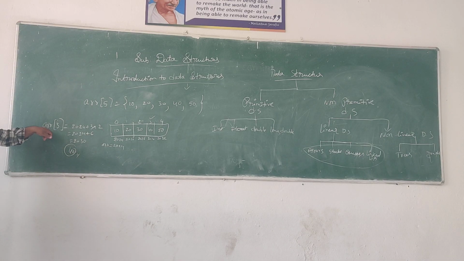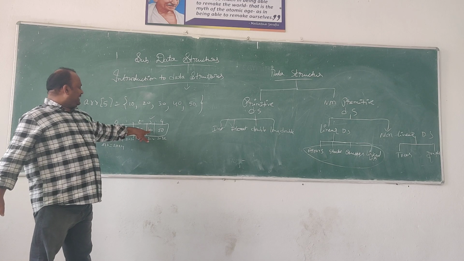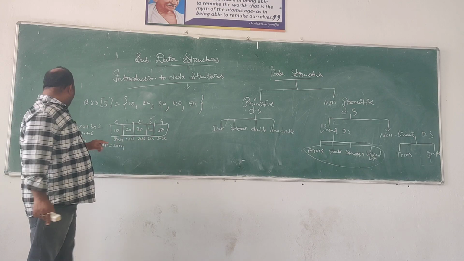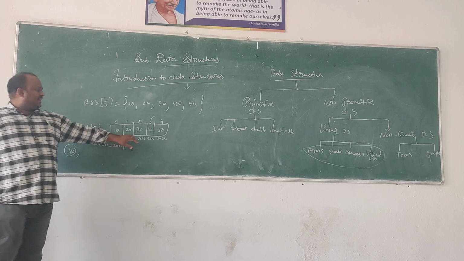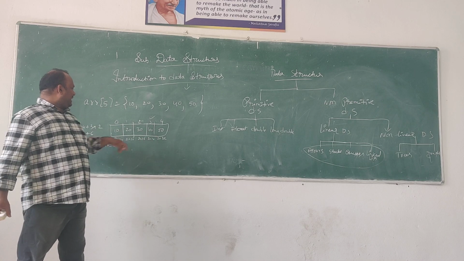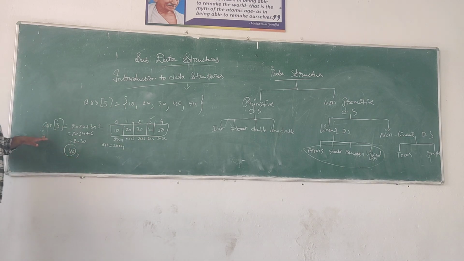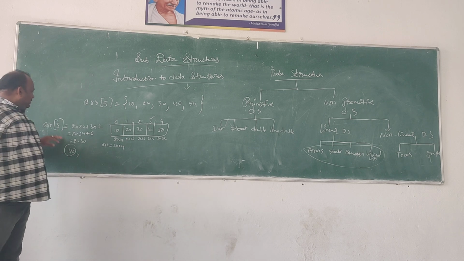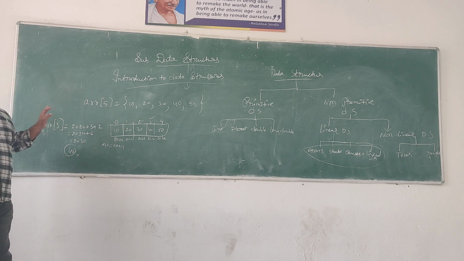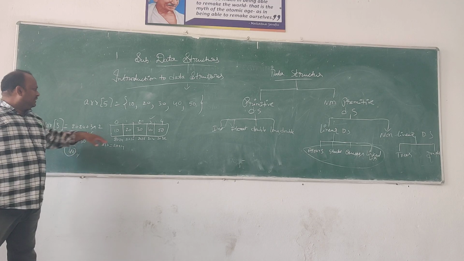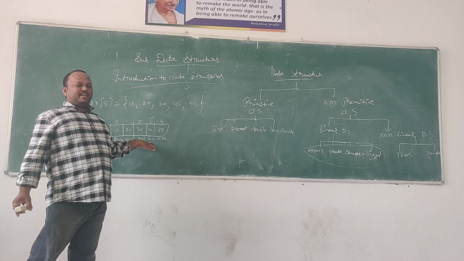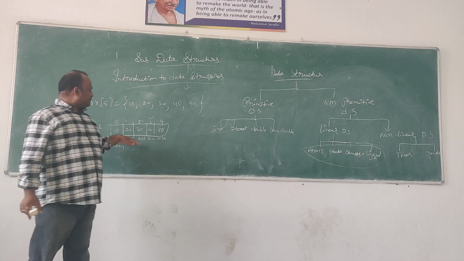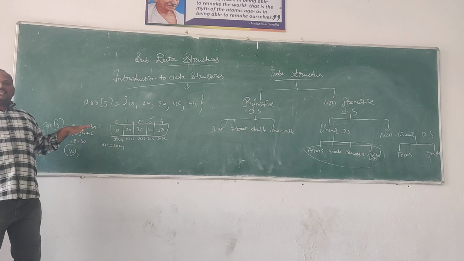I want ARR of 3, index 3, and the data element stored at index 3 is 40, with address 2030. We got this 40 at this particular address. This is the array data structure concept, and this is the data searching process: finding the element stored at a particular memory block address. This is nothing but the array data structure.